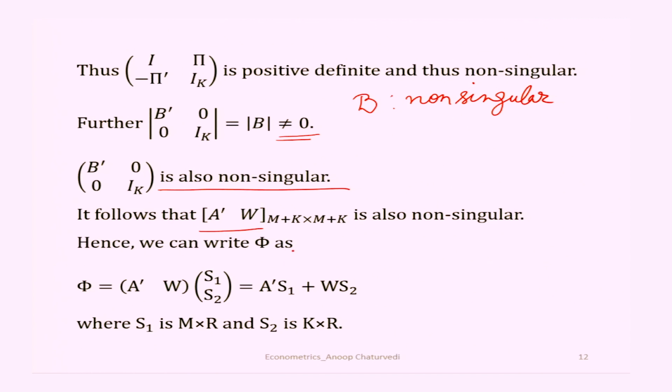Now, we can write phi equal to A transpose W S 1 S 2. This is a non-singular matrix. Then S 1 is of order m cross r and S 2 is of order k cross r. So, this is equal to A transpose S 1 plus W S 2.